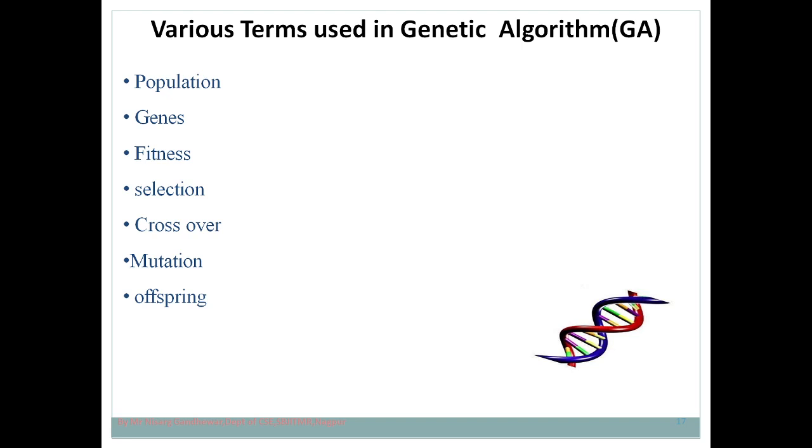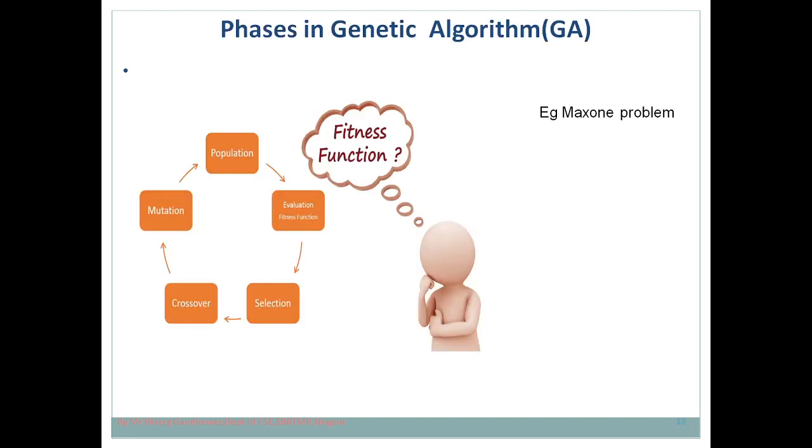Now next I try to explain the genetic algorithm with the number of phases involved. Initially, the population is generated. What do you mean by population? We have taken the example of the traveling salesman problem. In your search space, a number of solutions already exist.